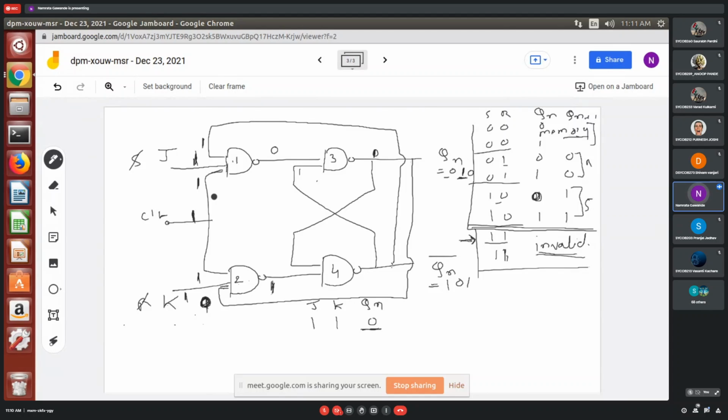Apply the inputs properly and check what output you are getting, if at the initial state Qn is 0. If Qn is 0, you have to observe the next state output that you get. So I am getting 1 over here, and if I apply Qn as 1, that time you will get Qn plus 1 as 0.